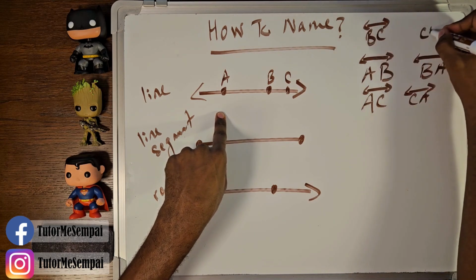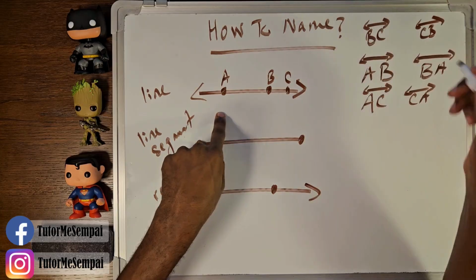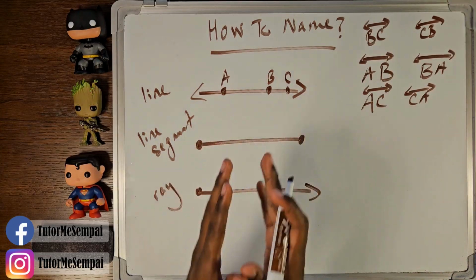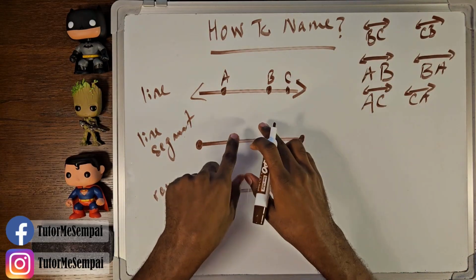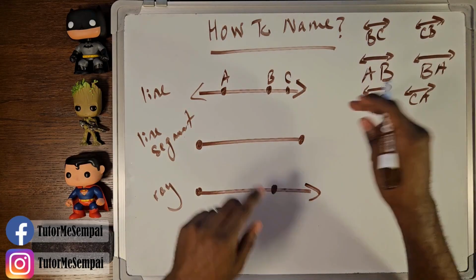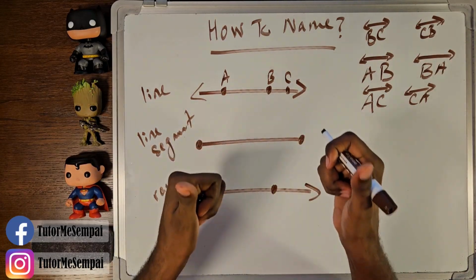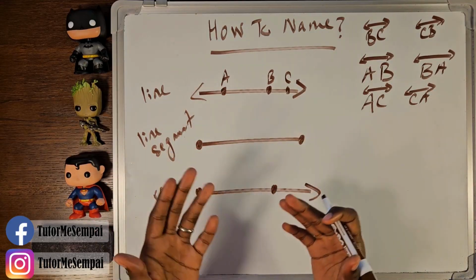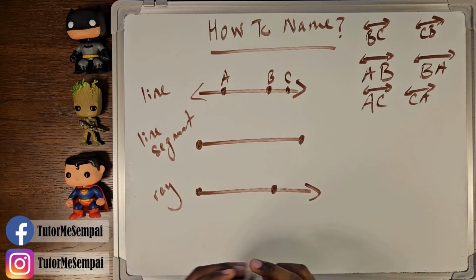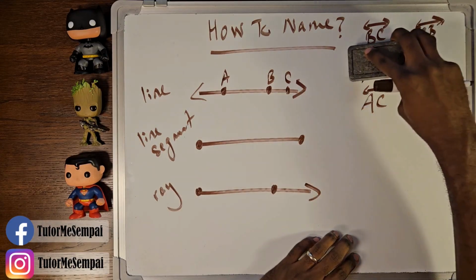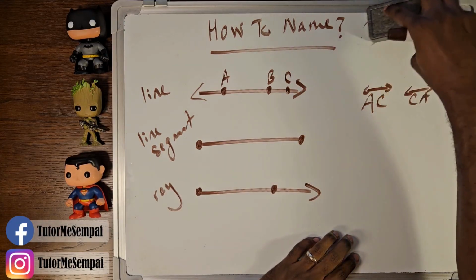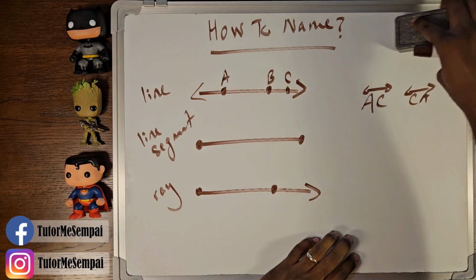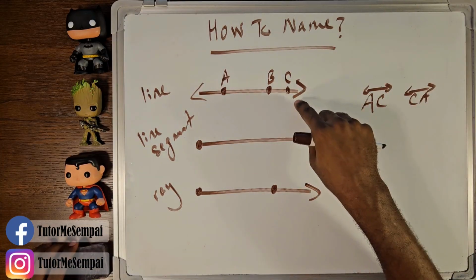You can have CB. As long as you're pointing out 2 points on this line and the top looks like this line, you're good to go as far as naming that line. And remember, order doesn't matter for a line. Just make sure they're capital next to each other and you have the line on top that looks like that line.